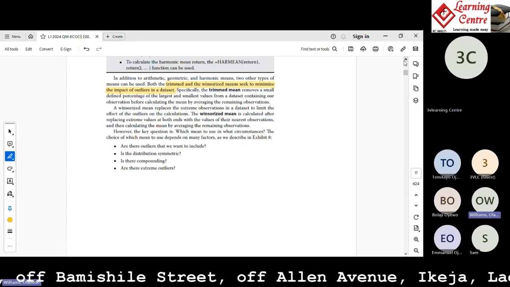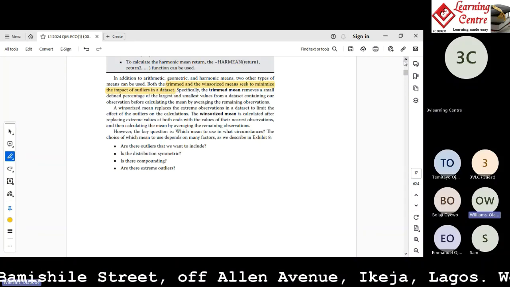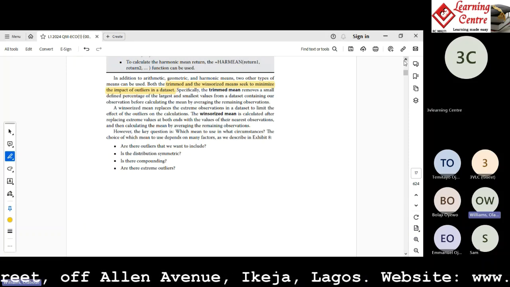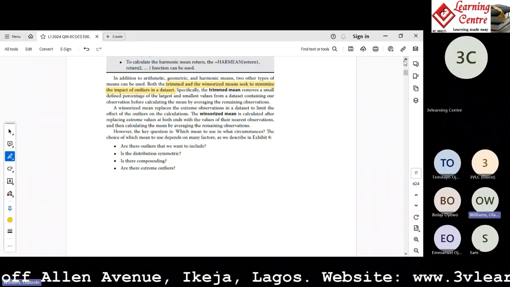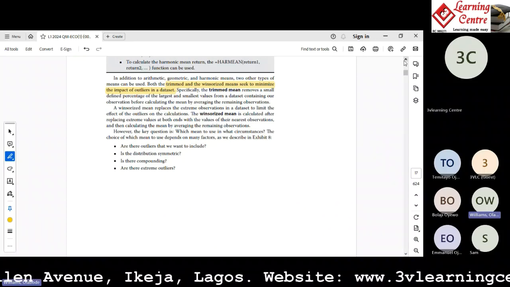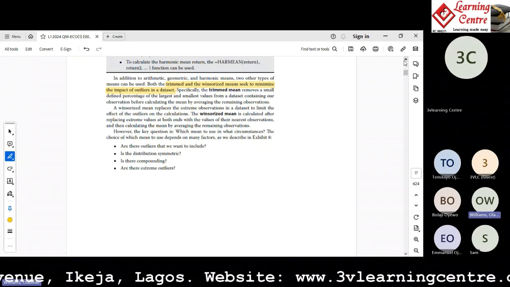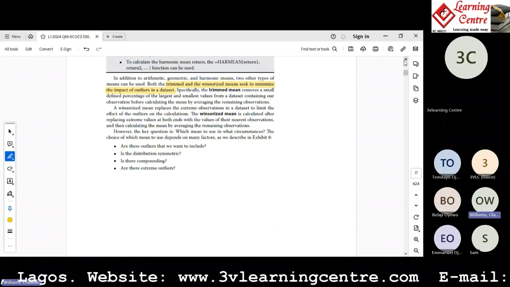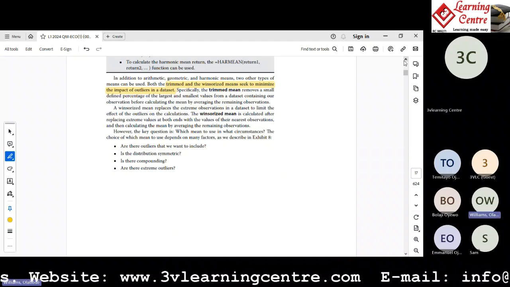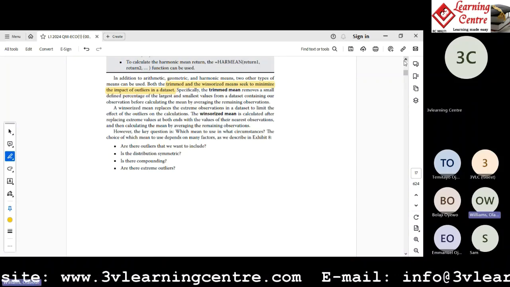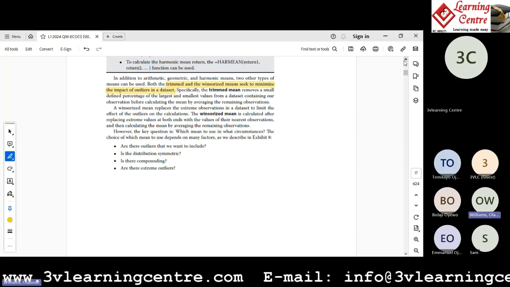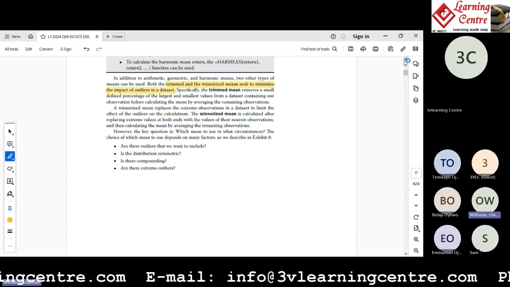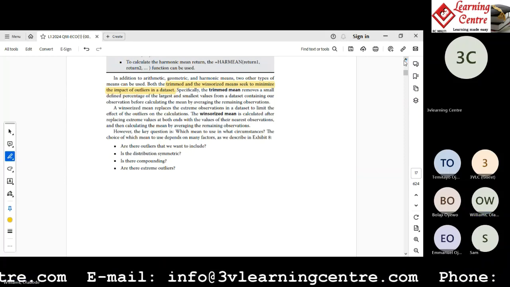Now the winsorized mean is similar to the trimmed mean, but rather than cutting off the highest and the lowest numbers, you simply replace them. For example, say I have a data set from 1 to 50, and then I have 600. In a trimmed mean, I will remove 1 and remove 600, then use 2 to 50.